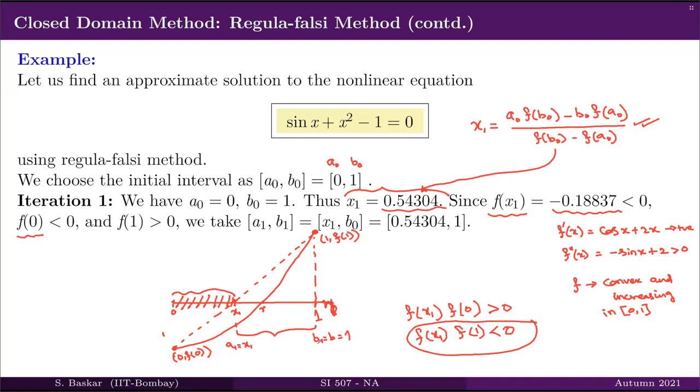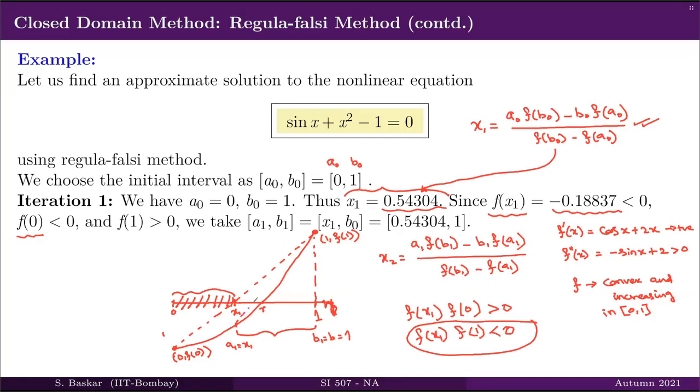In the next iteration, you have to find x2 by using the same formula, but now having a1 and b1, right? Therefore, a1 f of b1 minus b1 f of a1 divided by f of b1 minus f of a1, right?